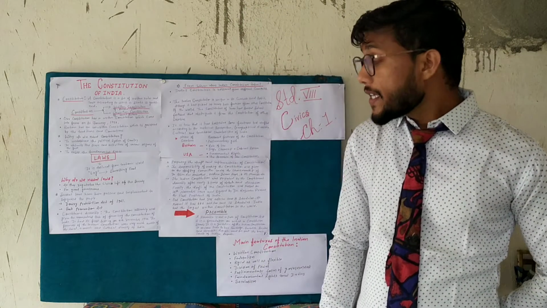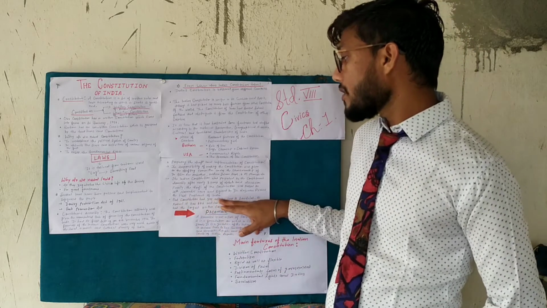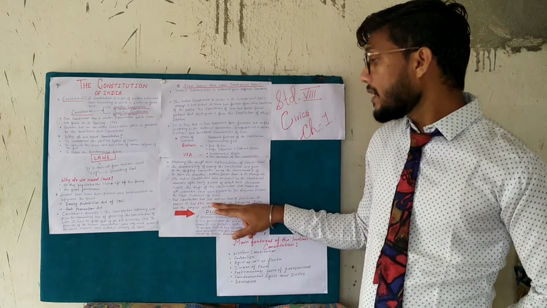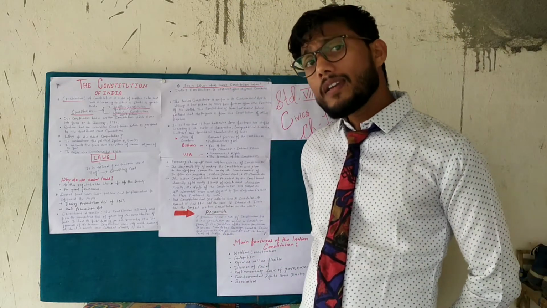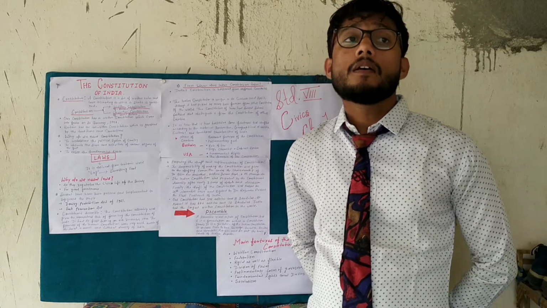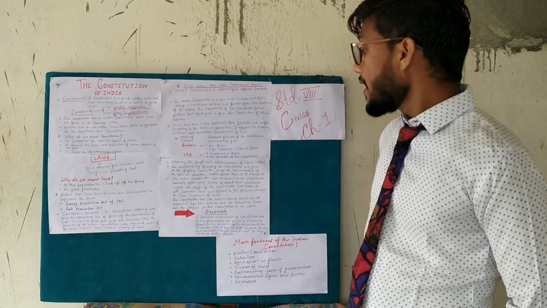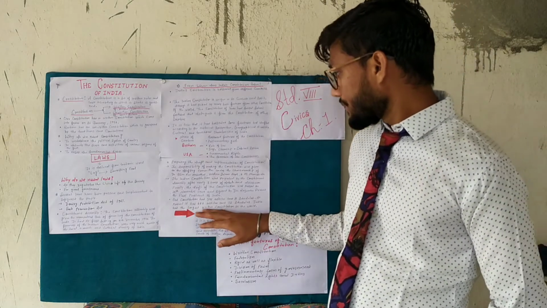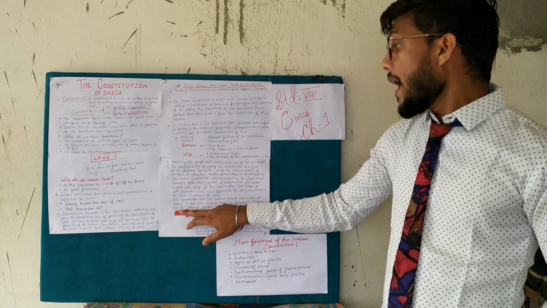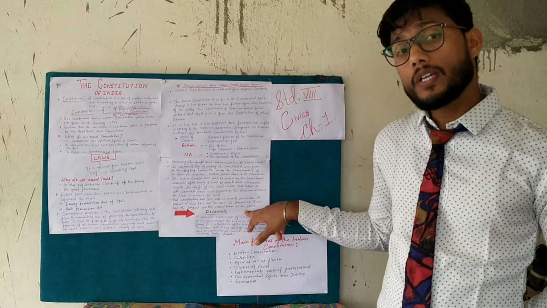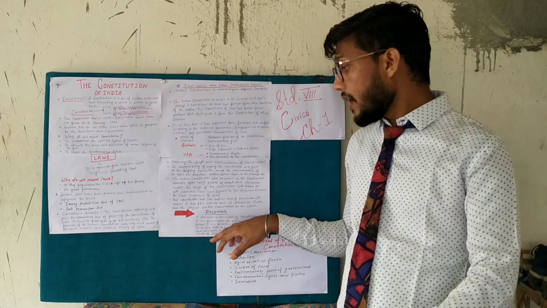Our Constitution earlier had 395 articles, but nowadays we have 444 articles under 12 schedules. India's Constitution is the longest written constitution in the world.